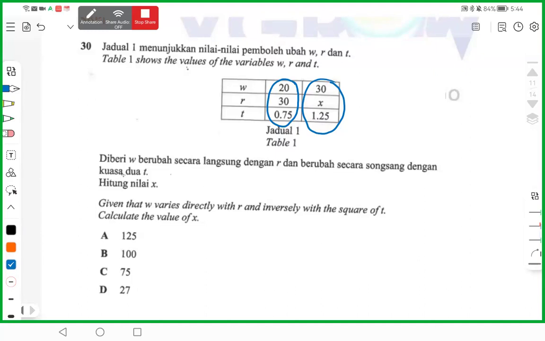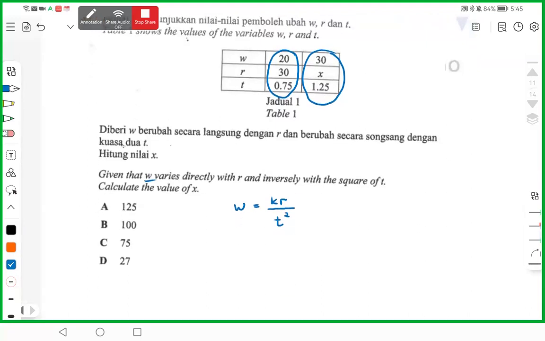We just write down the variation first. W varies directly. If you want to change to the equation form, now it can be faster already. W equal to kR and inversely with the square of T. So T square. So straight away, we can write down the equation form already.